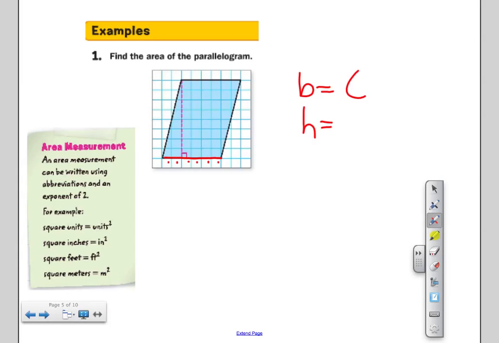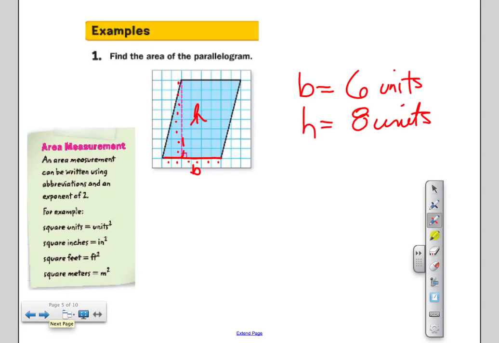So the base is 6 units. Whatever those units might be. And the height is a perpendicular line off of the base. So it's this guy right here. Our height is how high? 1, 2, 3, 4, 5, 6, 7, 8. So our height is 8 units.